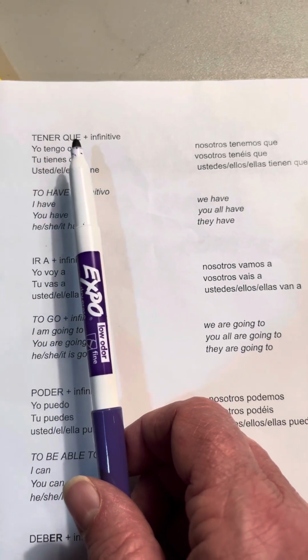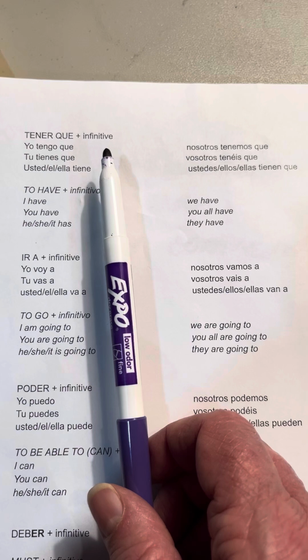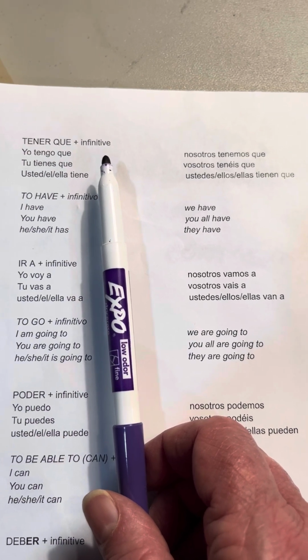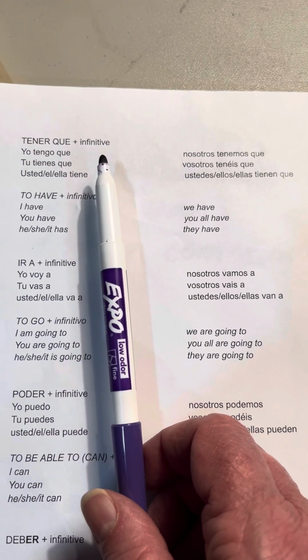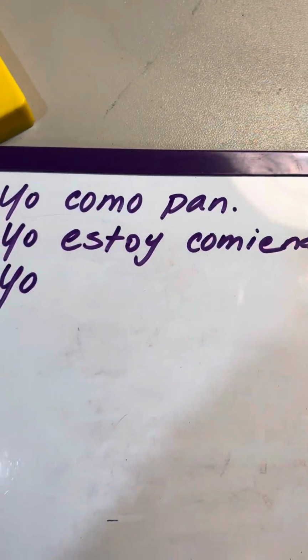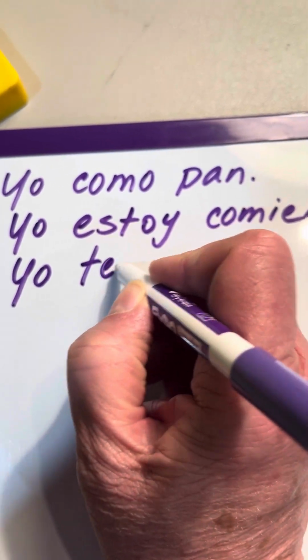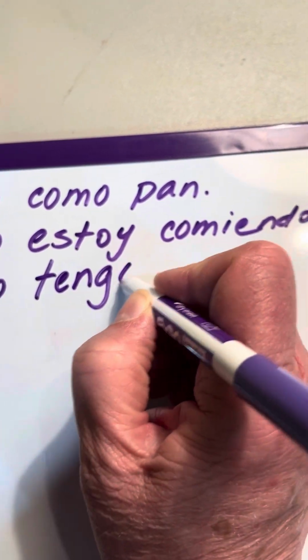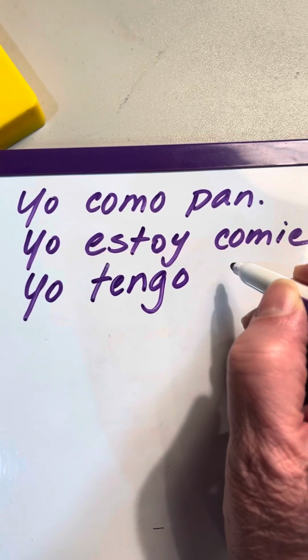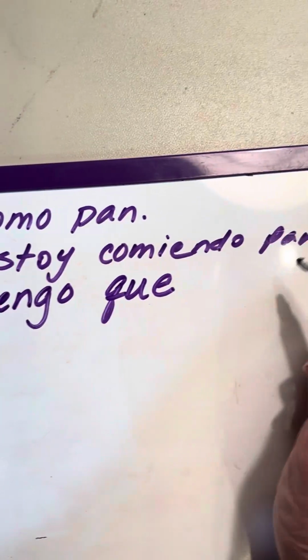I have that plus your infinitive. I have that to whatever. So you would put yo tengo. There's my conjugation of the I, que, and then my infinitive.